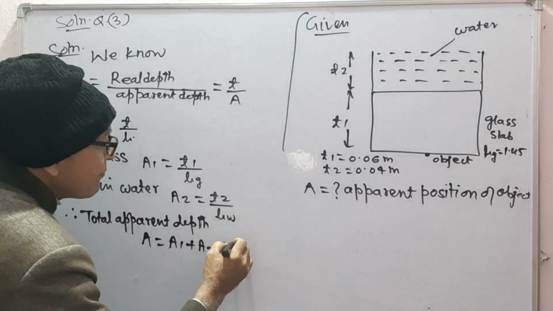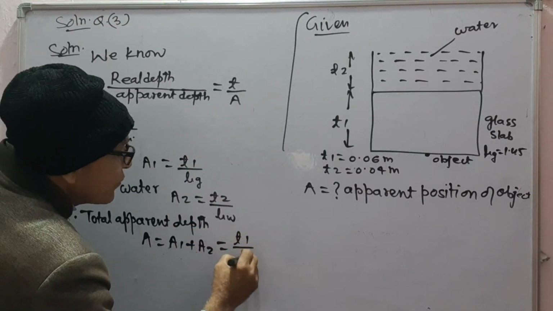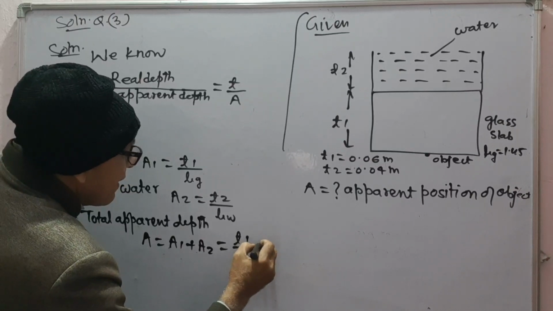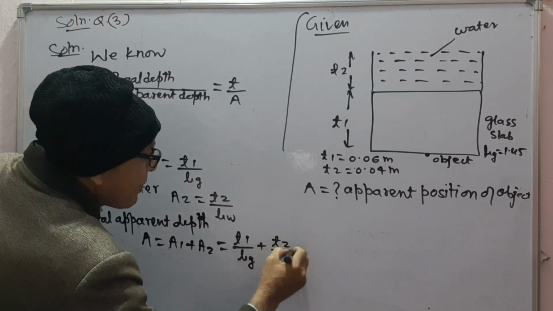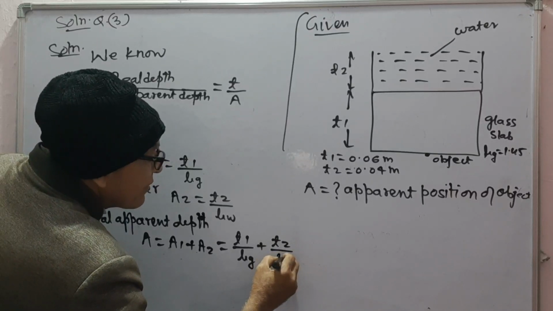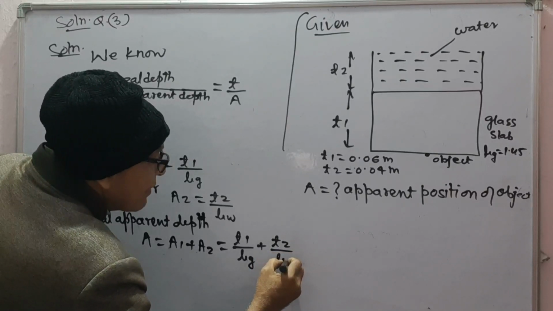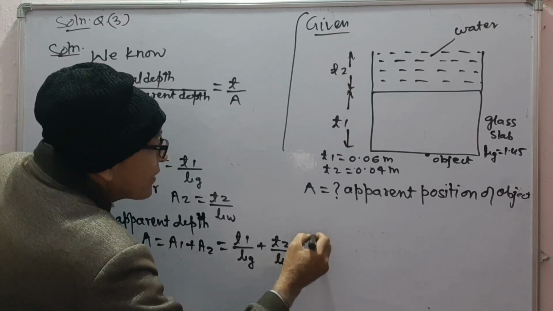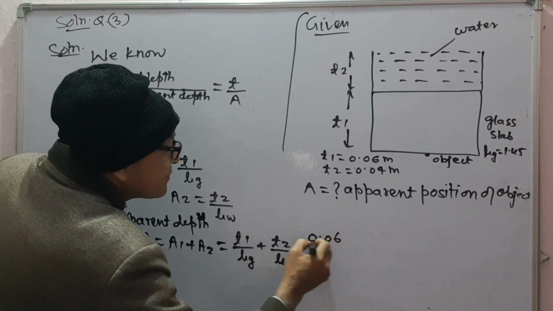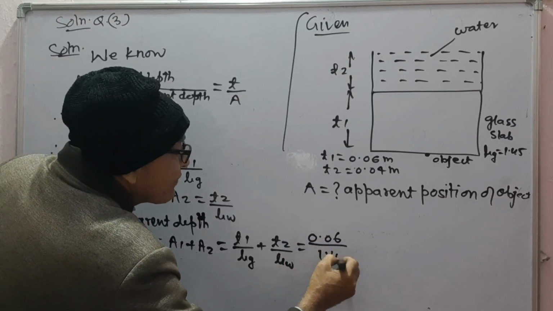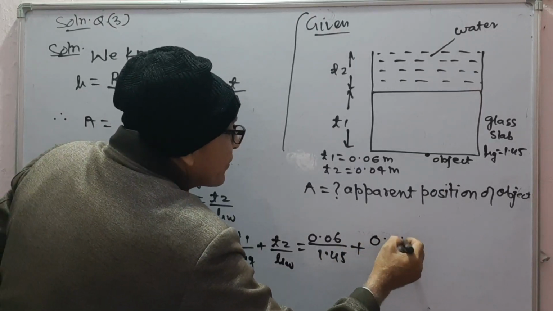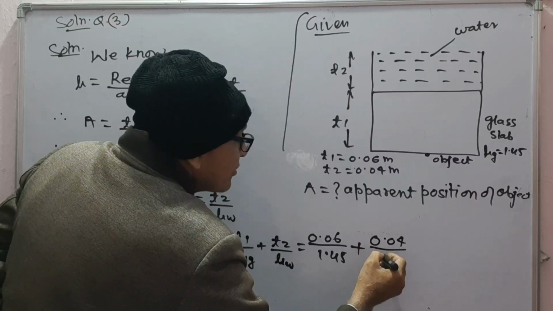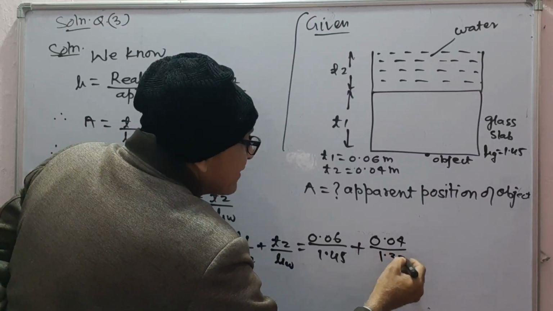A1 is T1 upon mu g and A2 is T2 upon mu water. T1 is 0.06, mu g is 1.45, and T2 is 0.04, mu water is 1.33.